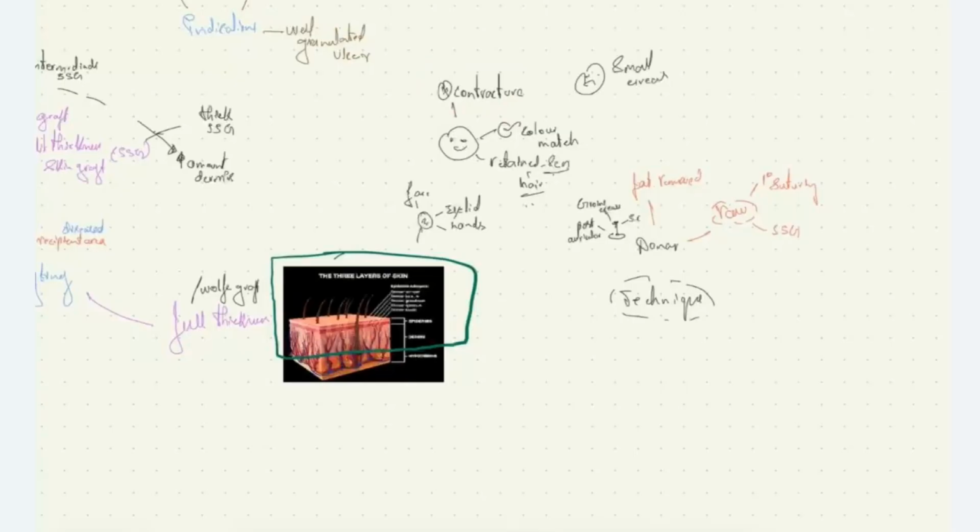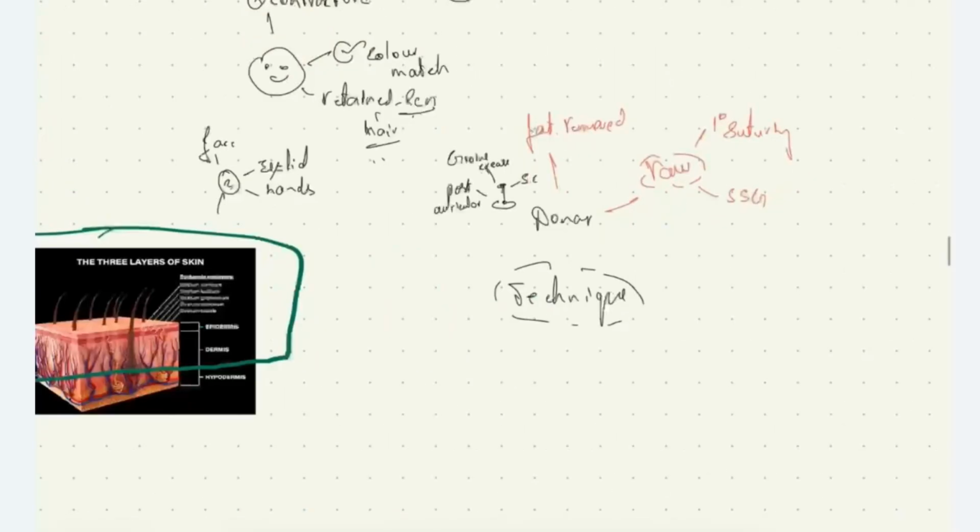The color matching between the grafted skin and the normal skin is good in full thickness skin grafting compared to split thickness skin grafting. Because we are transplanting the whole of the dermis, the hair and the sensations are more intact compared to split thickness skin grafting.